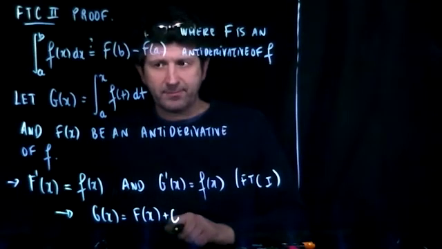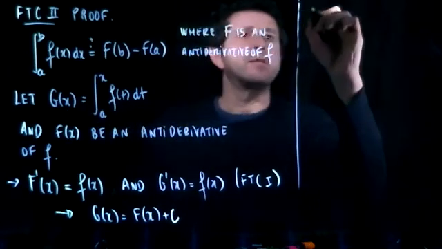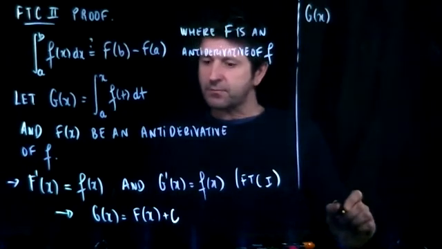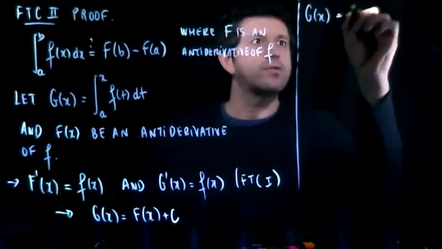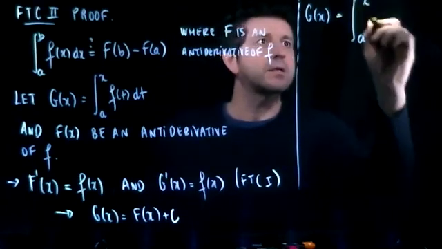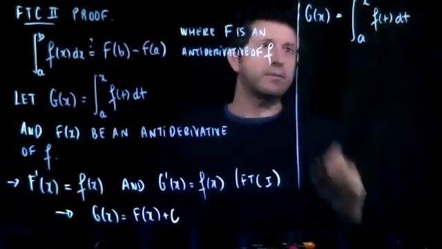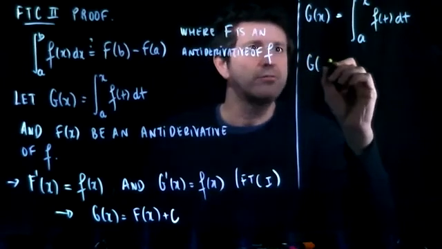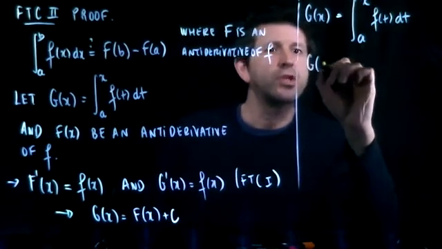So basically what we have is G of x, which is equal to the area from a to x of f of t dt. So what's G of b?